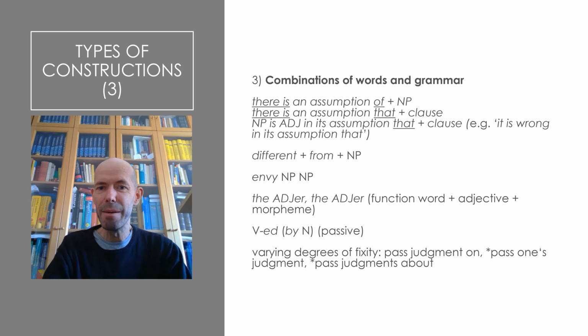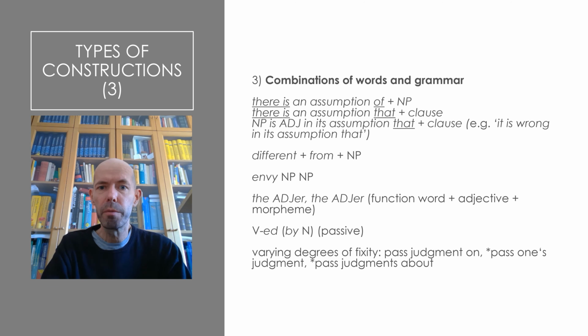So the NP, the noun phrase, is a kind of placeholder here. And this is where this differs from the collocations we've just been looking at, because collocations are combinations of words, so fixed elements. And here we have a combination of a fixed element plus a totally free element, different from plus a noun.